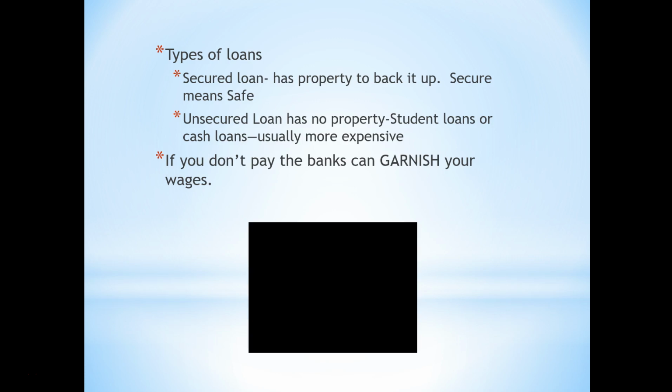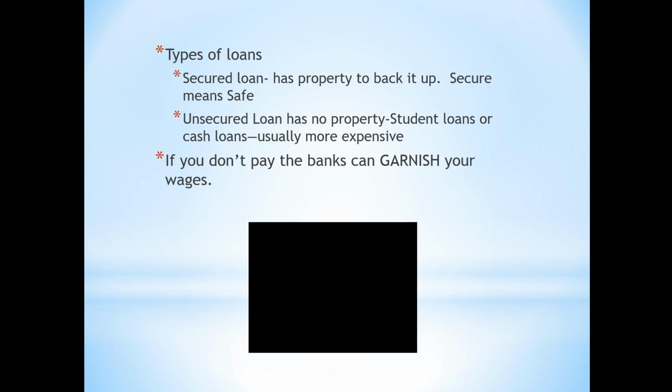Alright, so different types of loans. First type is a secured loan, and that is a loan that has property to back it up. Secure means safe. So in other words, if you had something that's under a secured loan, like a house is a secured loan, if something were to happen where you weren't able to pay back that loan in full, then they would be taking that house or taking that car that you are borrowing money on.